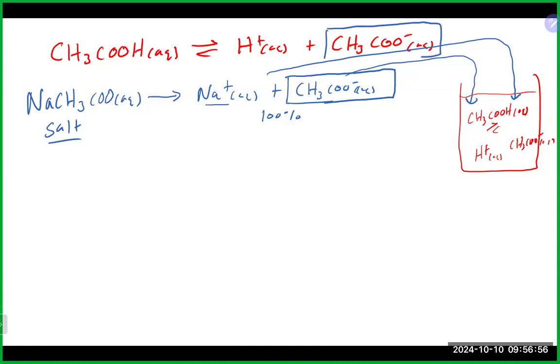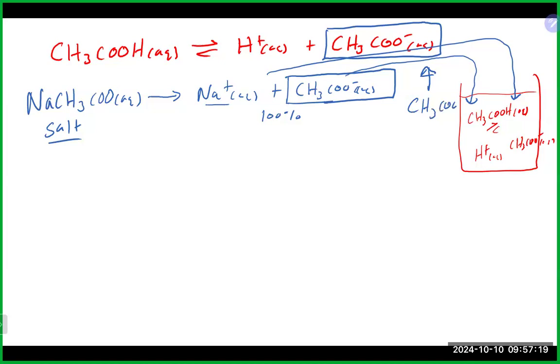The acetate ion is in the acetic acid that has broken apart, and it is also coming from the sodium acetate. So essentially what we're doing when we add this sodium acetate to the solution of acetic acid is increasing the concentration of the acetate.